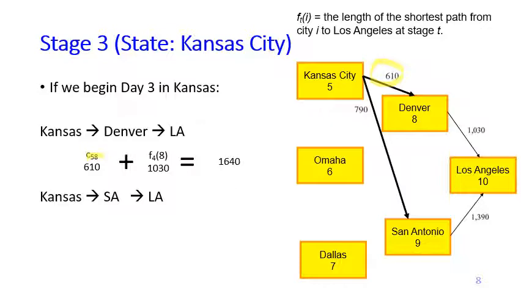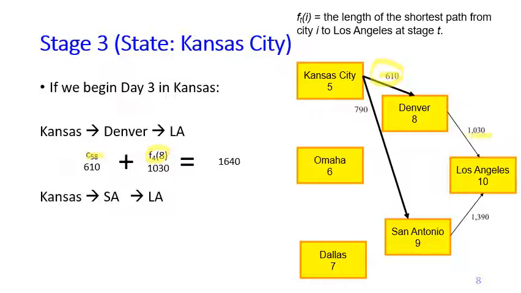Because our final destination is Los Angeles, you cannot stop at Denver. So you must add 610 plus the distance from Denver to Los Angeles, which is F48, or 1,030.